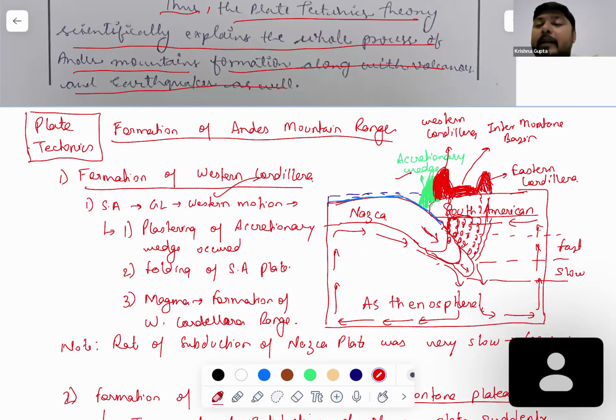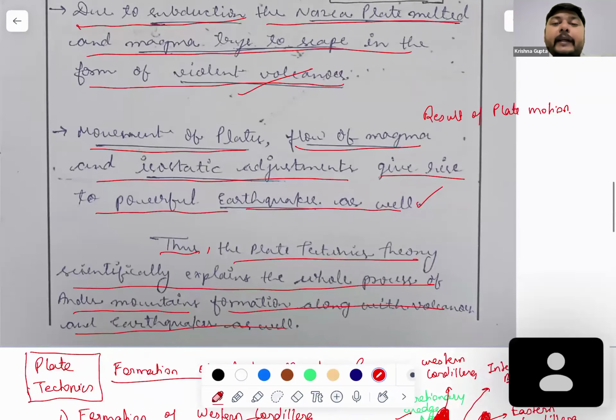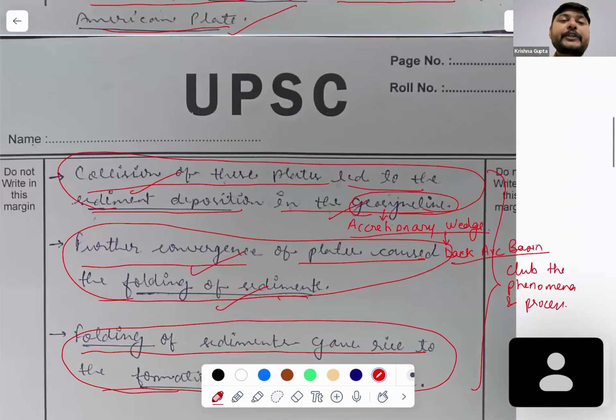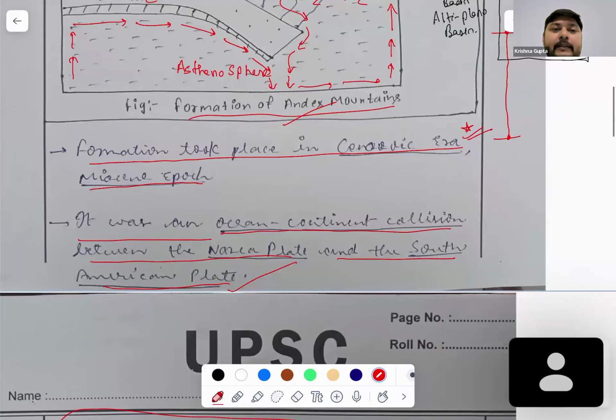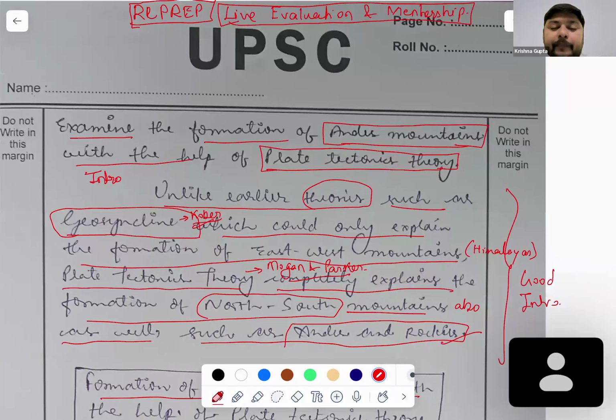Are you able to understand now how these Andes mountain ranges have formed? What are the different aspects of the Andes mountain range which need to be included in the explanation for the formation of the Andes with the help of plate tectonics? Okay.